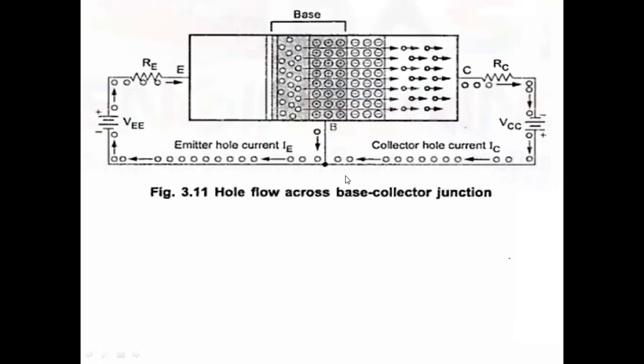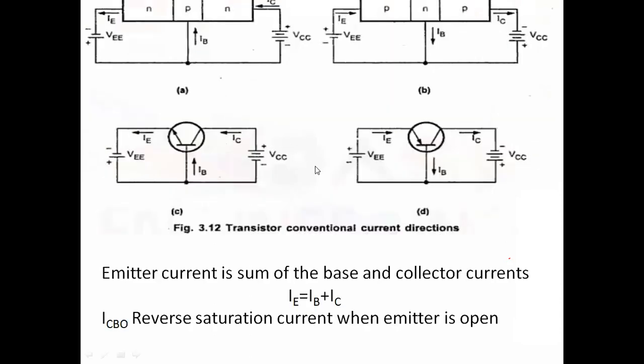So generally, this is the source of the current, IE. IE is the current due to the emitter and base.